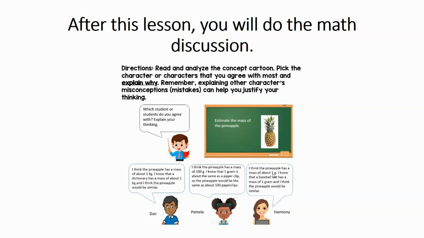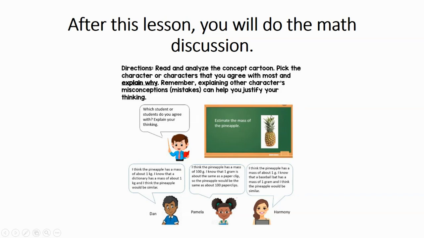You're going to pick the character or characters that you agree with. Here are the 3 characters on the bottom. And remember to explain why. Remember that explaining other characters' misconceptions or their mistakes can help you justify your thinking. So maybe some of the other friends had the wrong thinking. You can use that when you explain why you agreed with the person you did.